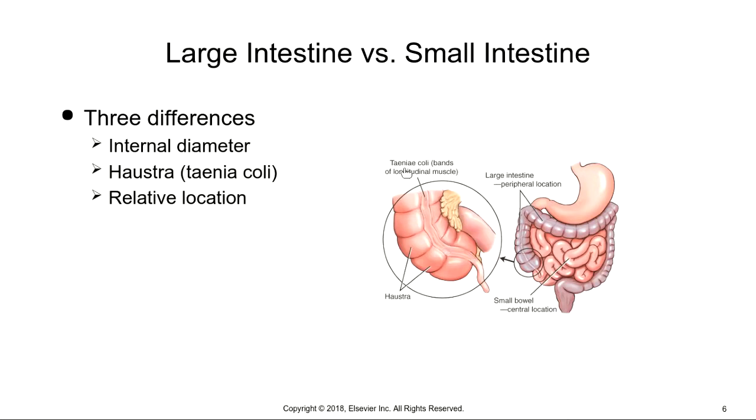The Taenia coli are bands of longitudinal muscles that run along and make those into little sac-like portions or little pouches in the large intestine. And then you have the relative location, meaning that the small intestine is pretty much in the center, and the large intestine wraps around the outside of the periphery of the abdomen.